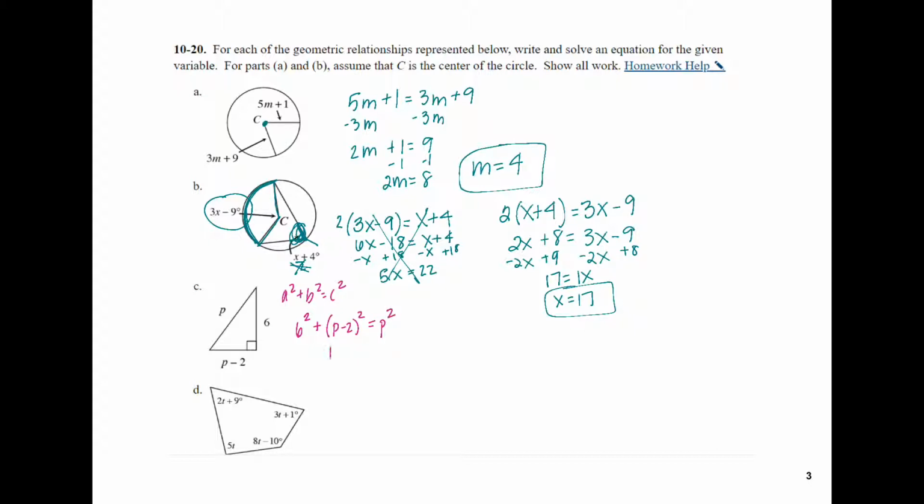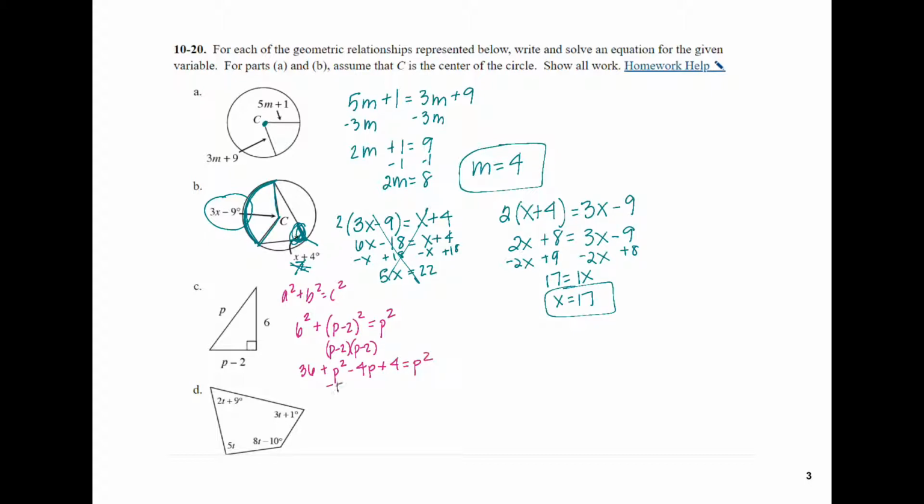When we do p minus 2 squared, make sure you distribute that out 2 times so you don't lose your center term. 6 squared is 36 plus p squared minus 4p plus 4 equals p squared.